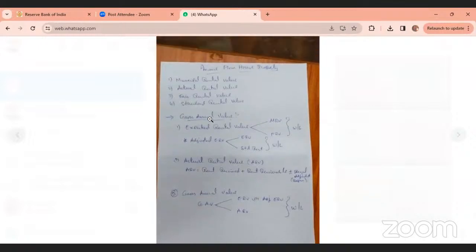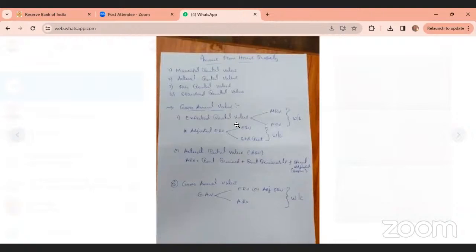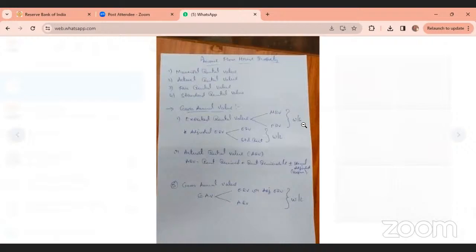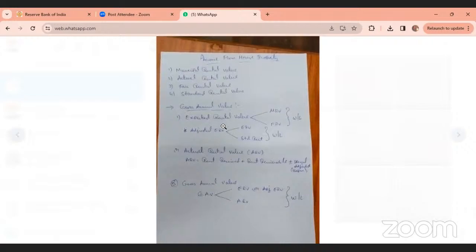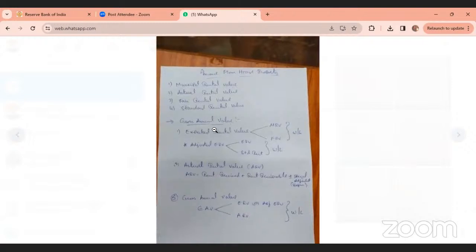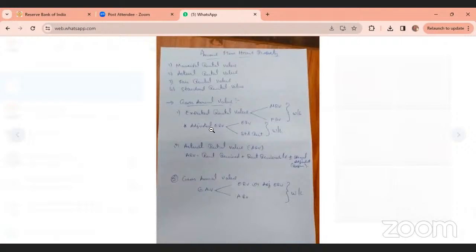So now first step is what? Expected rental value. How to calculate expected rental value? MRV, FRV, whichever is high. After that, when in the sum they given standard rental value, in that case only you have to do this step. So what is that is called?